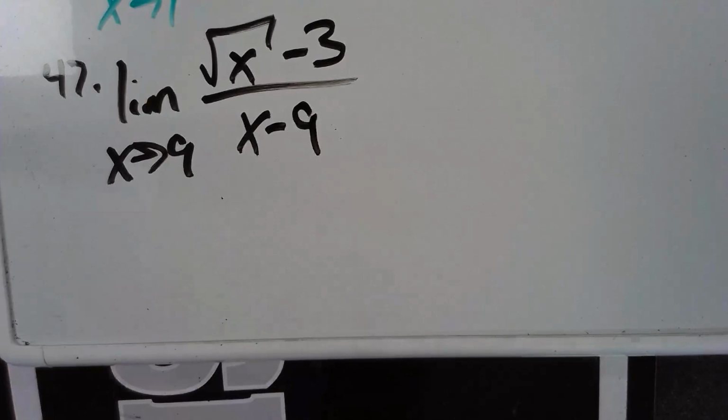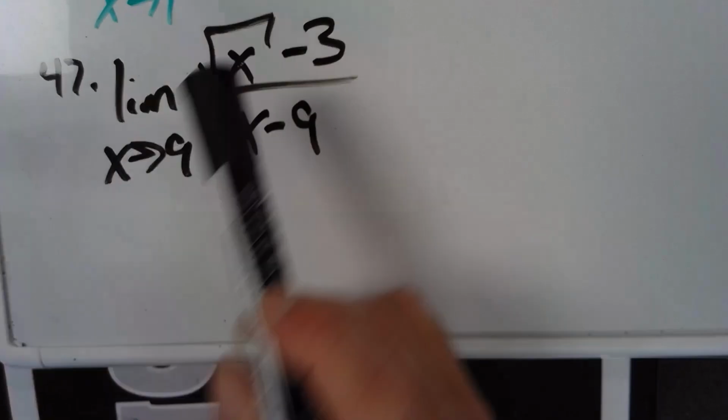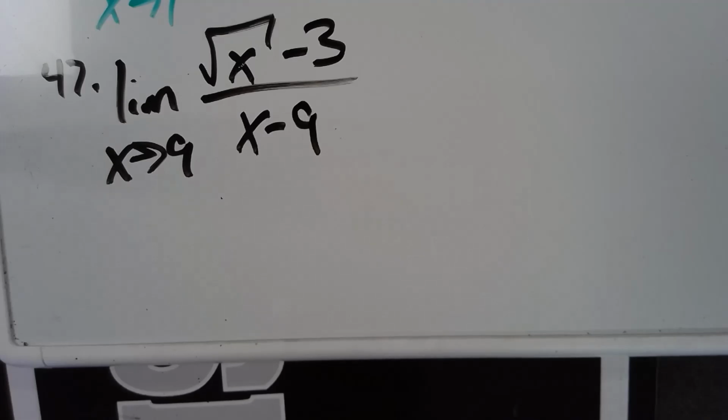So hopefully when you see a radical in a fraction, that makes you think to do something. You get to simplify the top by doing what? Multiply by the square root of x minus 3. So we can try that.